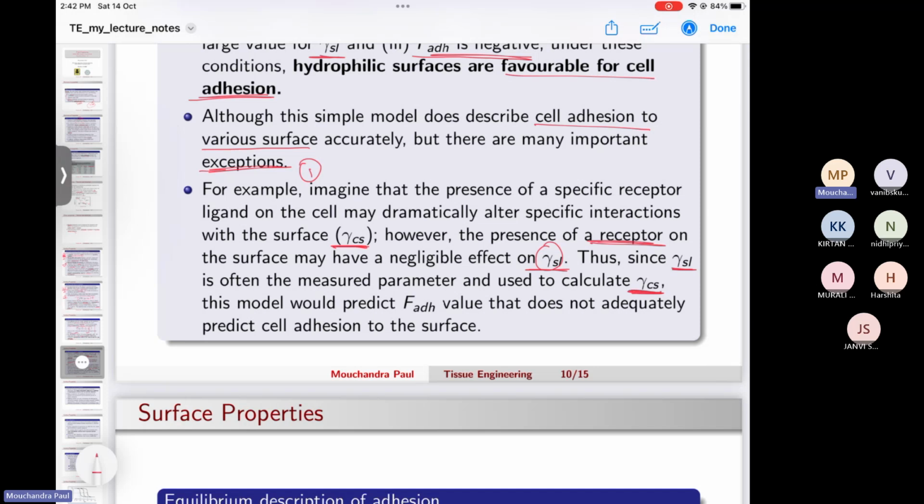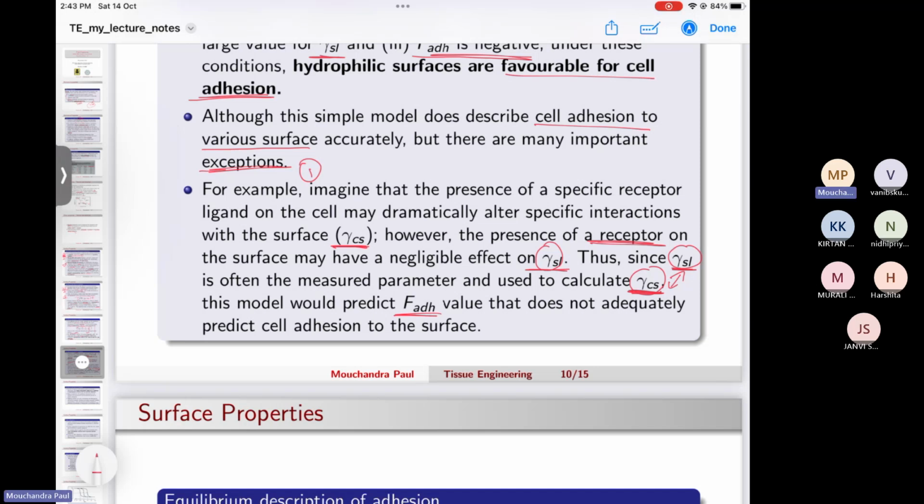Since there is a contradiction, our model doesn't accommodate the correct values of these two quantities, gamma SL and gamma CS. So the values that we predict for the free energy are incorrect, and because of that, we do not get the correct picture of how cell adhesion is happening on the surface. Is this point clear?